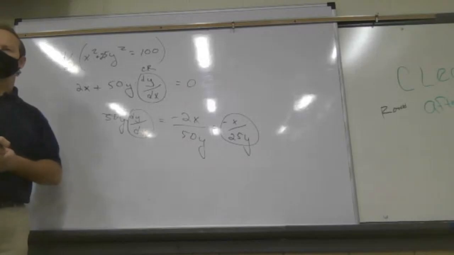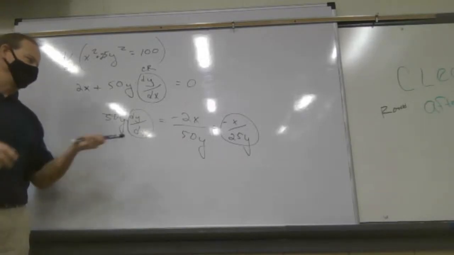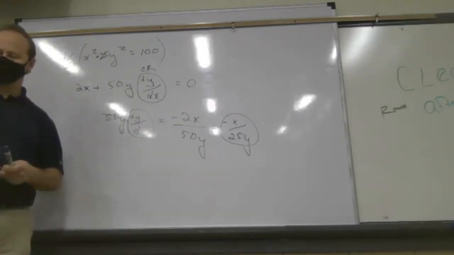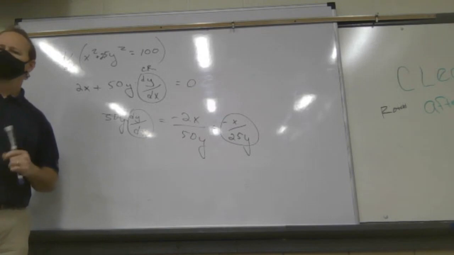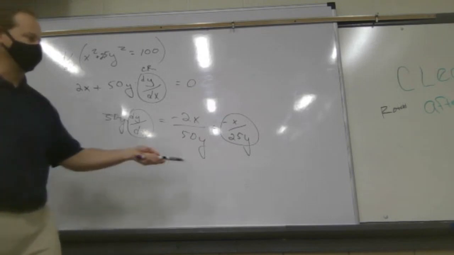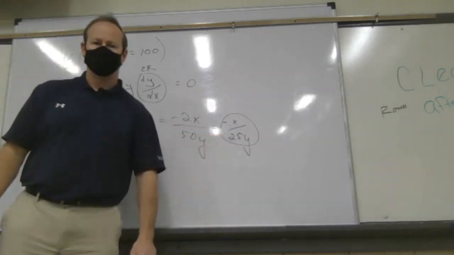But it doesn't want that, it wants the second derivative of y with respect to x. So what do I gotta do to both sides of this? Take the derivative with respect to x again. And then what do I gotta do on the right side? Quotient rule.